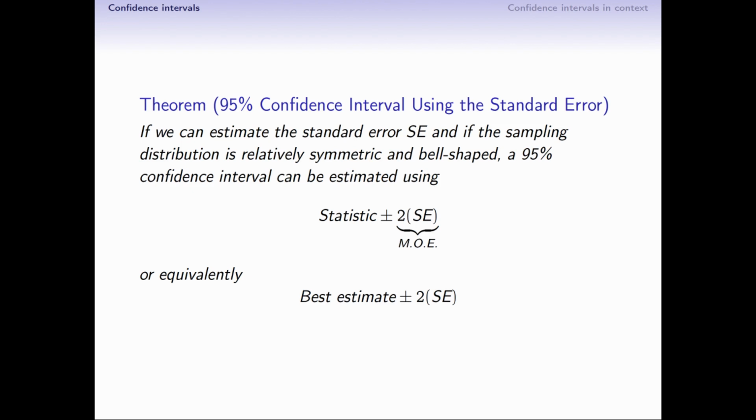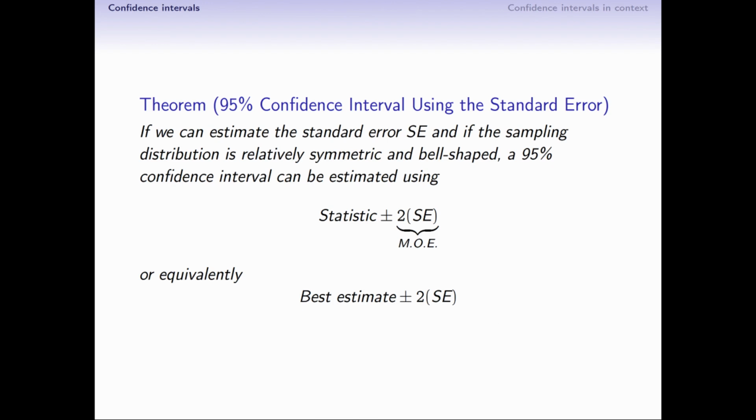Now, 2 times SE is just what's called the margin of error. So we take our sample statistic and we tack on plus or minus the margin of error, which is calculated as 2 times the standard error. Equivalently, using different terminology, the confidence interval is our best estimate for the parameter of interest plus or minus 2 times SE.